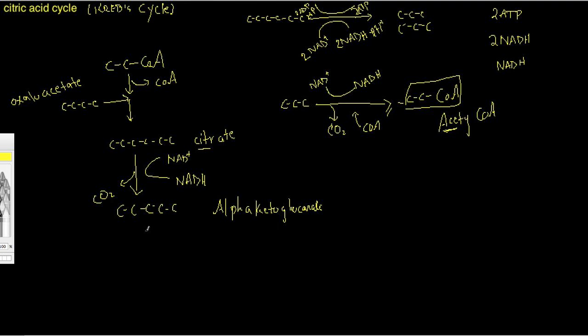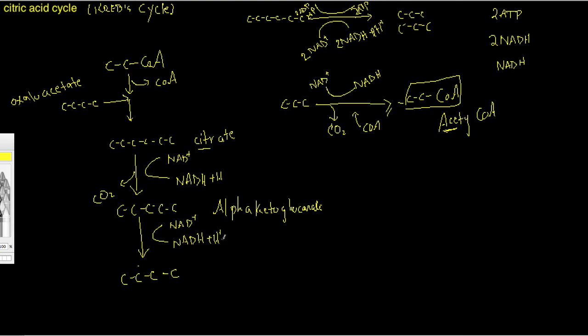Next, in the next process, we go from a 5-carbon chain molecule into a 4-carbon chain molecule, and in this process another NAD plus is reduced to NADH plus a proton, so you just have to mention the proton too.